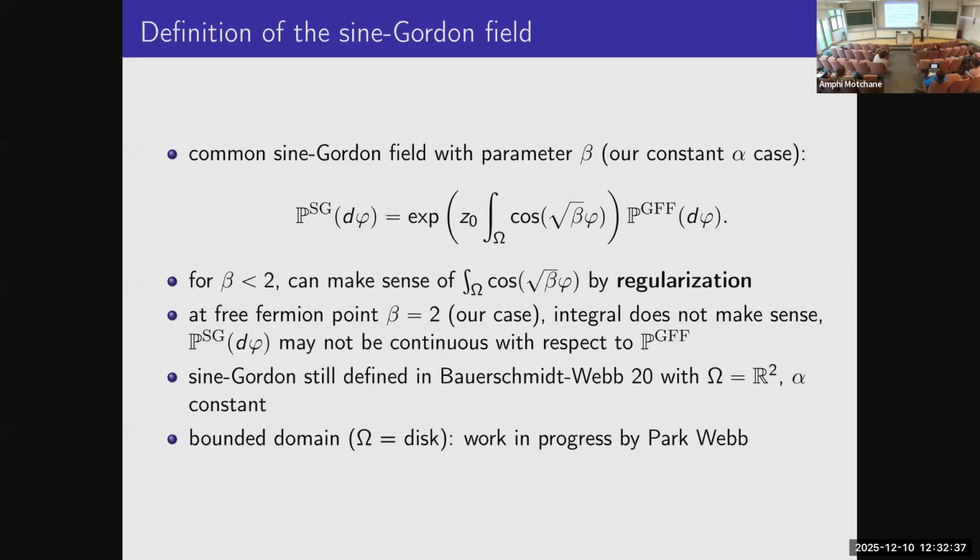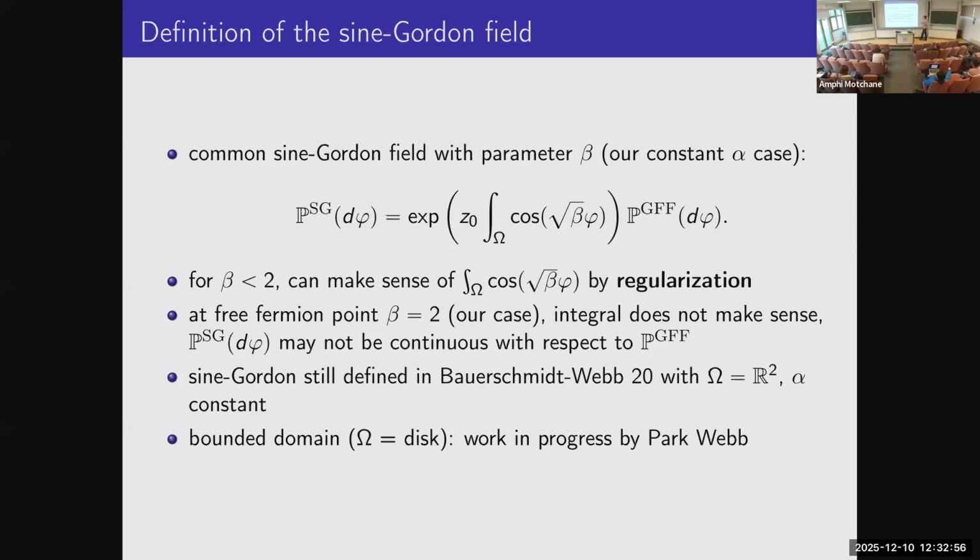Well, they are defined roughly, informally, by this expression, but that's all I can say. Just that when we cross that critical point, when beta equals 2, that formal description does not make sense. You can make sense of this, but you need to work to define it.